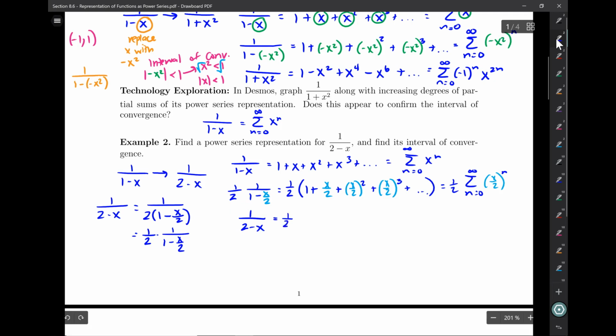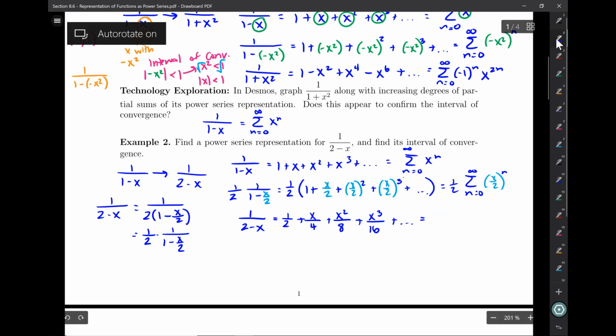So this would be 1/2 plus, now x over 4, plus, this would give me x squared over 4, but times the 1/2 again would give me x squared over 8, plus x cubed over 2 cubed, which is 8, but times another 2 would give me 16. And we'll go ahead and proceed with the dot, dot, dots now.